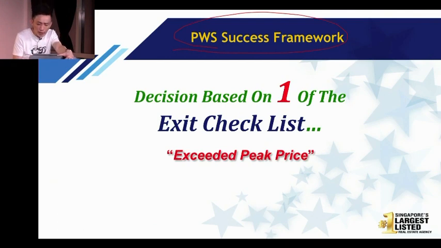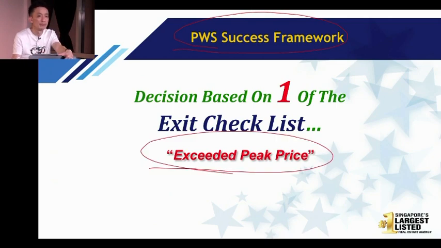If I know that it has exceeded, I will sell. Why? I want to use the money to roll again. In fact, in my training workshop, I have a strategy that will tell you when to exit based on the checklist. Because when you tick all the checklists, you will know whether you should sell or not sell. If not, there will always be emotion.